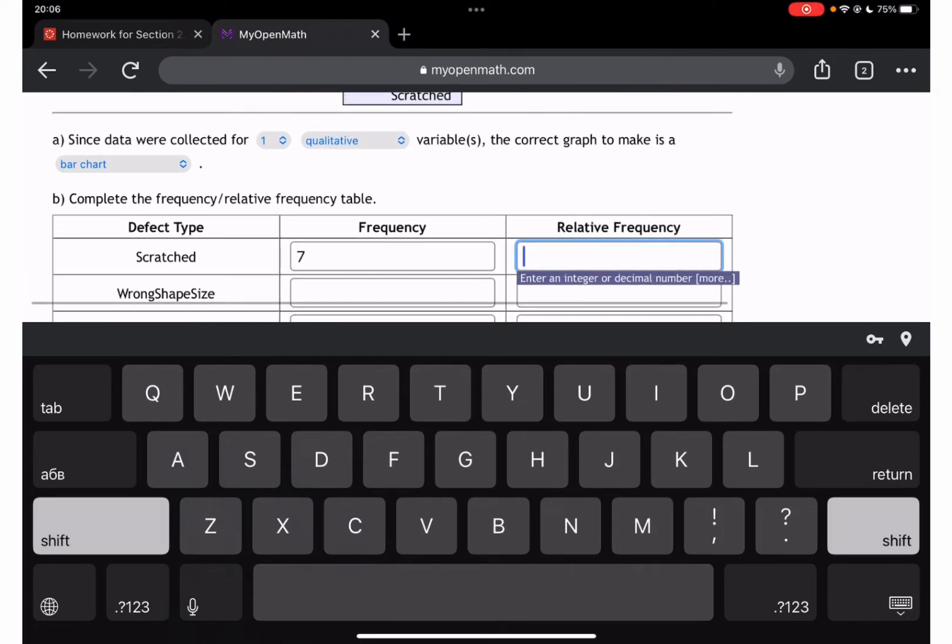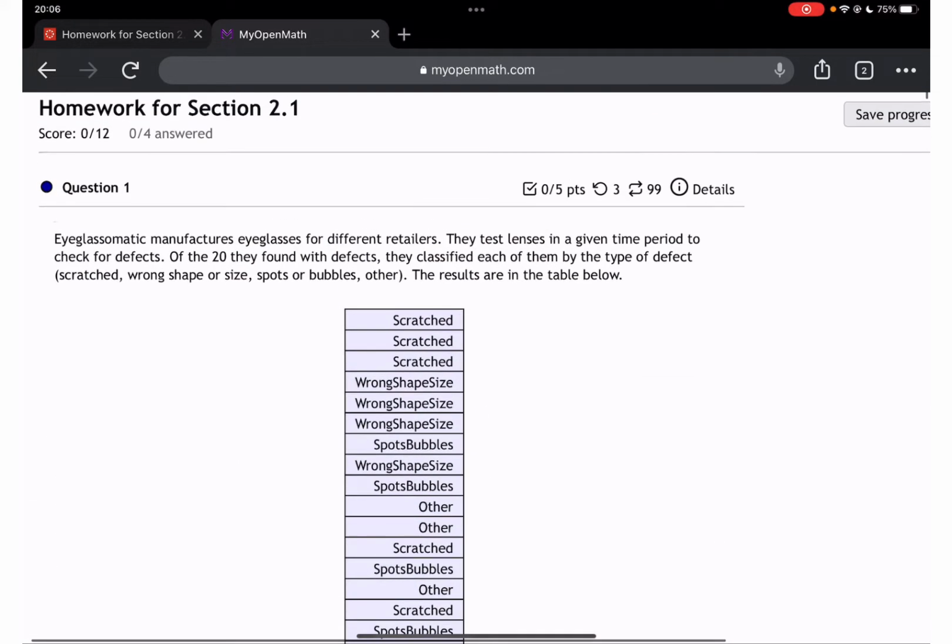And relative frequency shows the percentage, what percentage the scratch defect makes among all these types of defects. Since we have 20 eyeglasses, right?